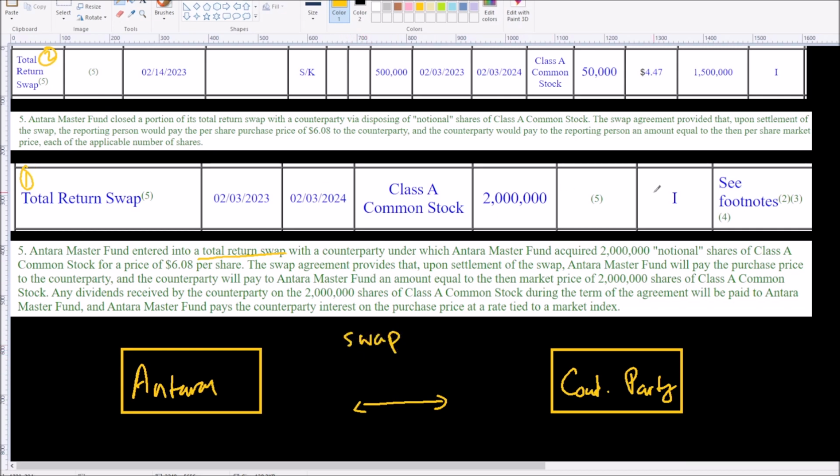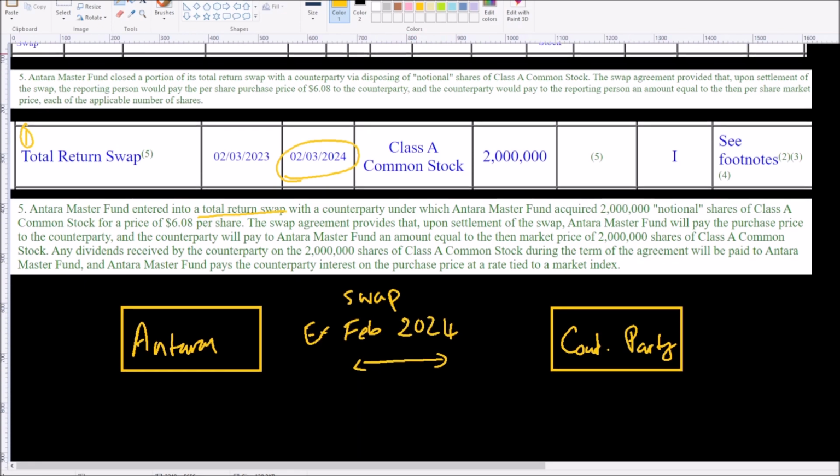In that swap, the end contract date or expiration date would be sometime in February 2024. Okay, it's a termed swap. So with that swap, what was the agreement, right? Hold on, Antara would acquire 2 million shares of AMC Class A common stock at a certain price.